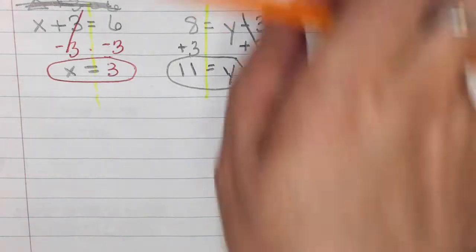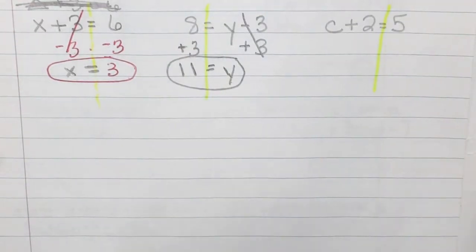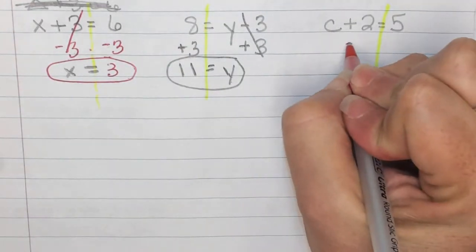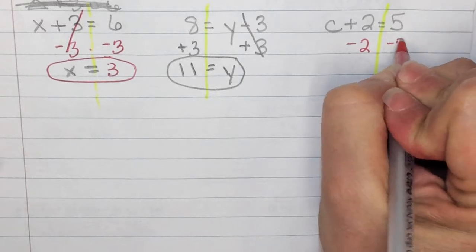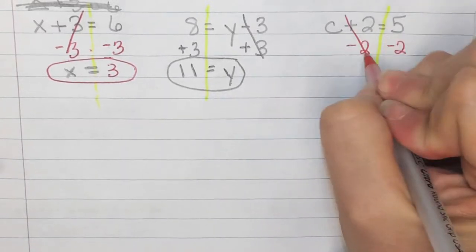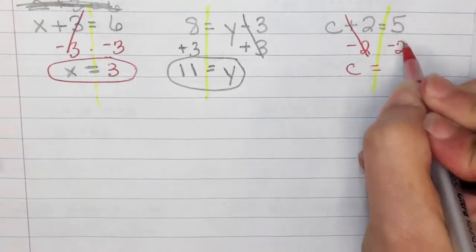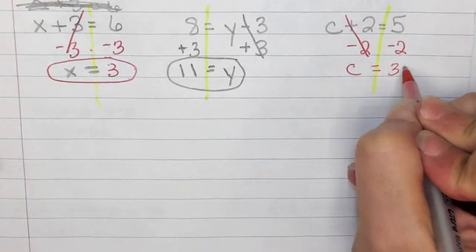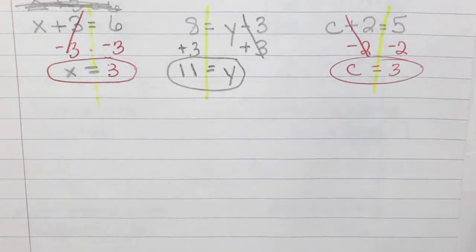Plus 2. What's the opposite of a plus 2? Minus 2. Write it on both sides. C equals 5 minus 2 is 3. Now, those three are add or subtract. Pretty easy. Do the opposite, add or subtract.